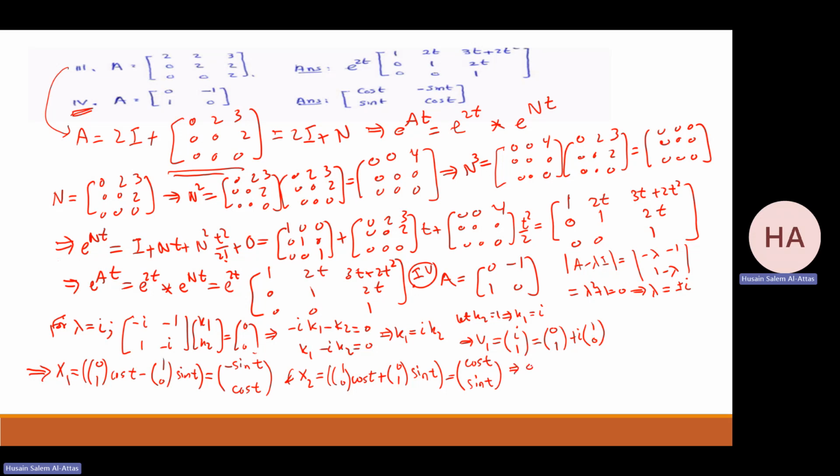So my phi of t will be X1, X2, which is minus sine t, cosine t here, cosine t, sine t. Are we done? No, not yet. Let me give more space.